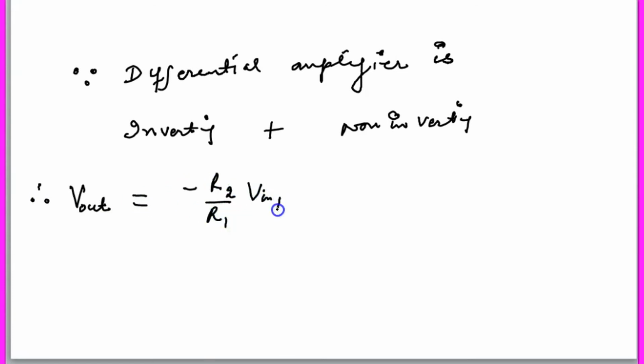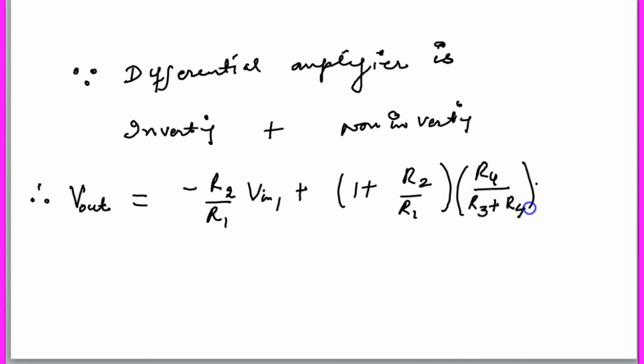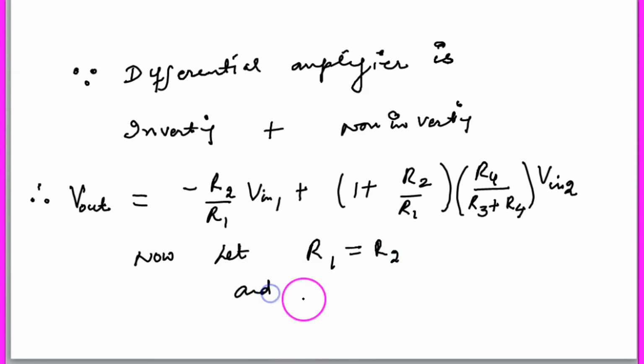So taking the sum of the two, inverting plus non-inverting output, adding the two, this becomes the output voltage. The rest is only simplification with the assumption R1 equals R3 and R2 equals R4.